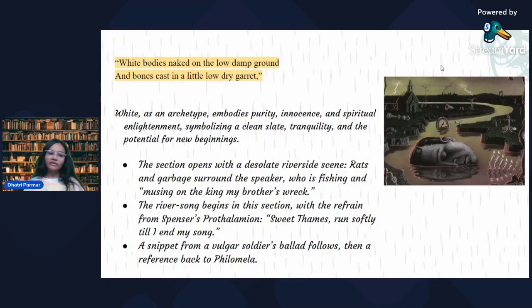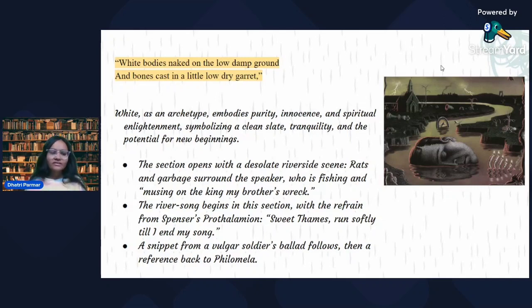The Fisher King is connected with fishing, but here he is fishing in the bad canal, whereas the white bodies are naked there on the low damp ground, and it is dry and there is pollution, and he is fishing in that bad canal. So once again, he is trying to showcase the unreal city, spiritual degradation, and the wasteland.